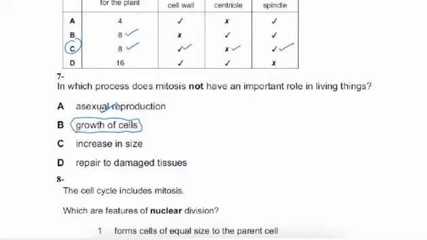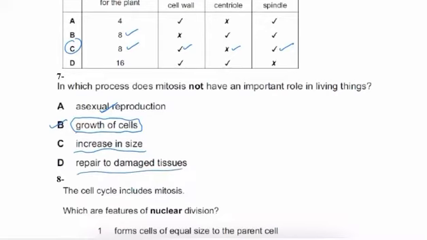You know that the growth of the cells occurs in interphase, that is the G1 and G2 phases, and does not involve any nuclear division or mitosis. So the answer is B. Increase in size? Yes, to increase in size, the cells should increase in number in an organism.